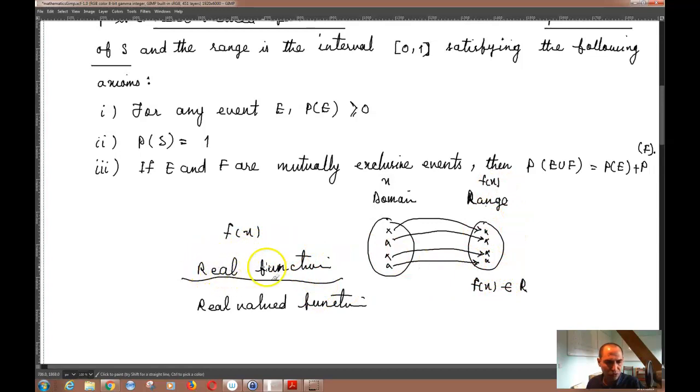Now, a real function, as opposed to a real valued function, means that your domain also belongs to the set of real numbers, meaning that x and f of x both belong to the set of real numbers. That's basically what that is.